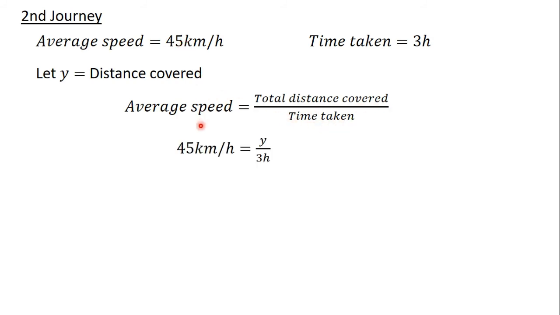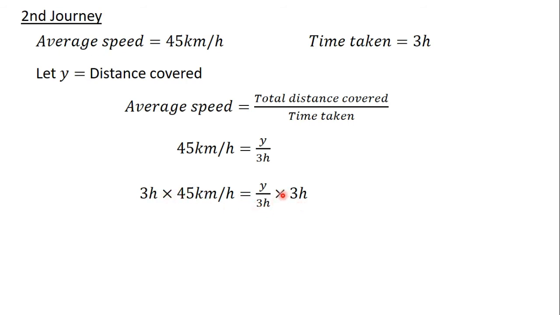Average speed is 45 kilometers per hour. Total distance is now y, and time is 3 hours. So let's solve this linear equation for y. We multiply the left hand side by 3 hours, and the right hand side by 3 hours.